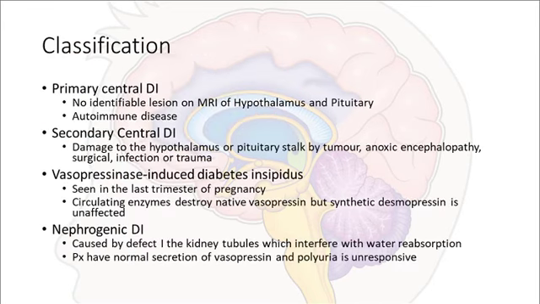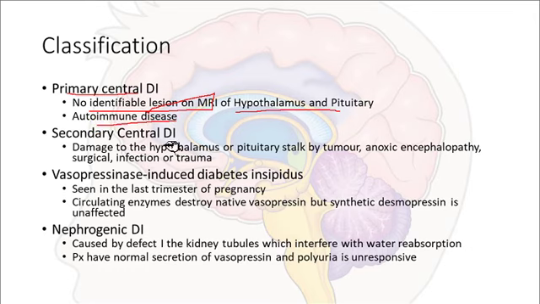Now, the classification system for diabetes insipidus: you have primary central diabetes insipidus, where there is no identifiable lesion on the MRI of either the hypothalamus or the pituitary, and there is some suggestion that this may be an autoimmune disease.